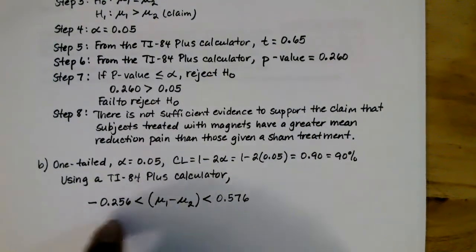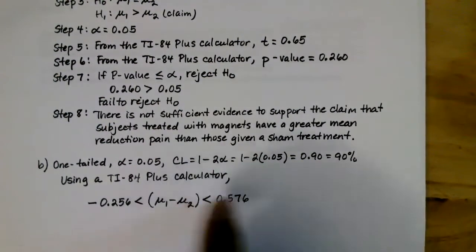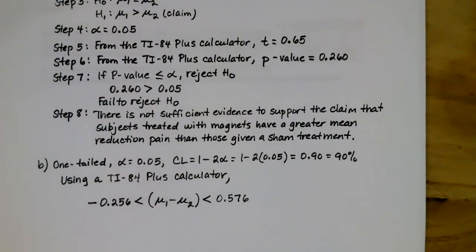And as you can see here, the confidence interval does contain 0. That would mean that I will have to fail to reject the null hypothesis and conclude that there's not sufficient evidence to support the claim that subjects treated with magnets have a greater mean reduction in pain than those given a sham treatment. Okay.